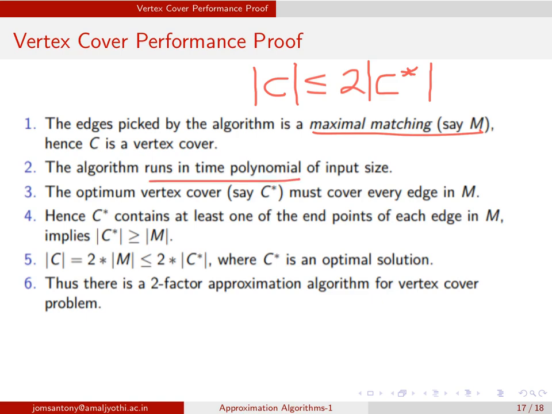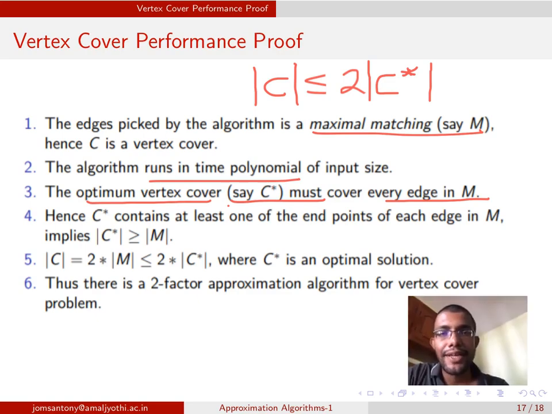Now, C star should cover every edge chosen by our algorithm, which is a maximal matching, say M. And we already know that all the edges in M are independent edges, that is, they don't share a common endpoint.